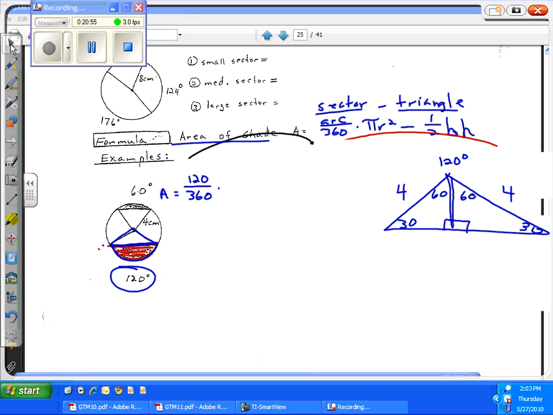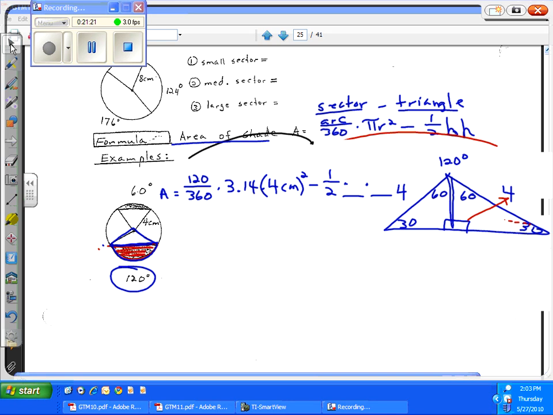So the area is the sector, which is its arc, 120, over 360 times pi, which is 3.14, times the radius of 4 centimeters quantity squared, minus the area of the triangle, which is 1/2 of its base times its height, and we don't know either one. Now what we know is that the hypotenuse is 4.